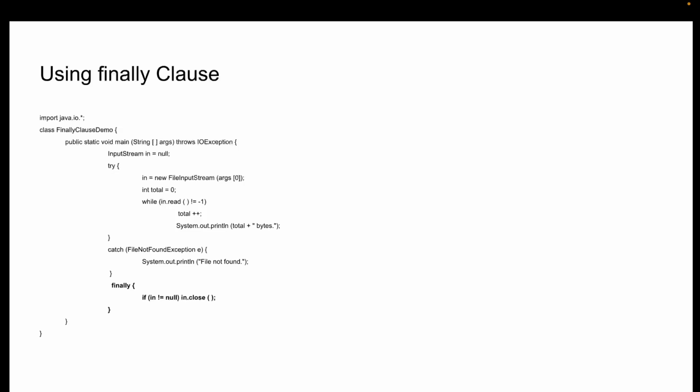And also remember one thing, that the parent class exception must be placed at last. Means first the child class exception, that is more specific, should be kept, followed by the parent class exception. And finally is generally used for releasing the resources from your Java application.